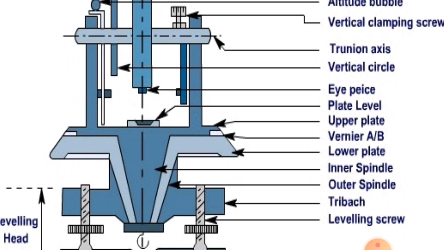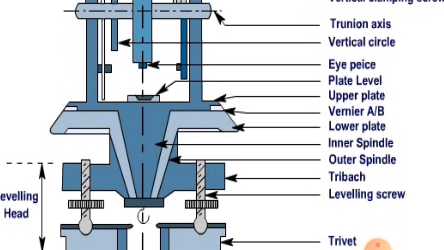Next is the upper plate. There are two plates, the upper plate and the lower plate. The upper plate and lower plate can be rotated with respect to each other through 360 degrees. Then the vernier AB, in which two windows are provided, window A and window B.